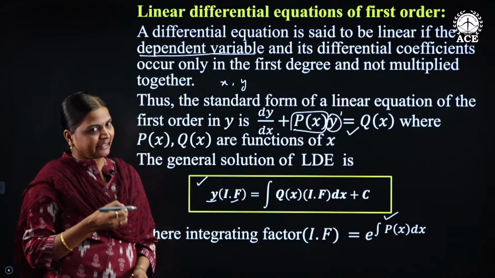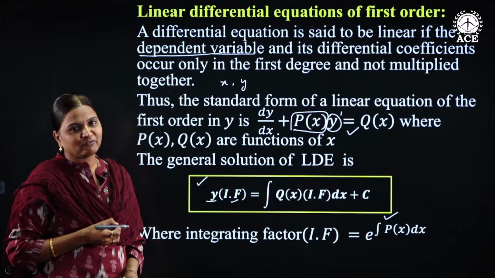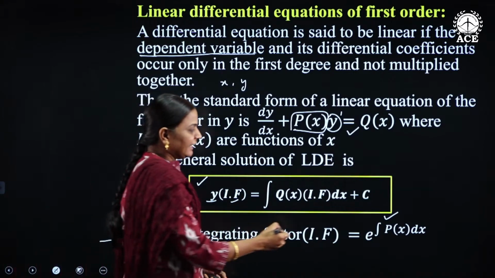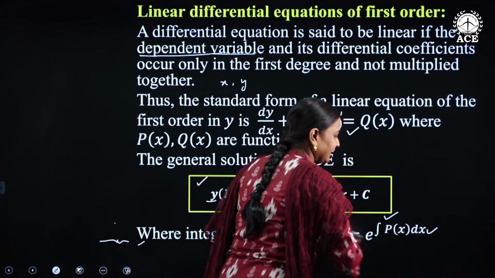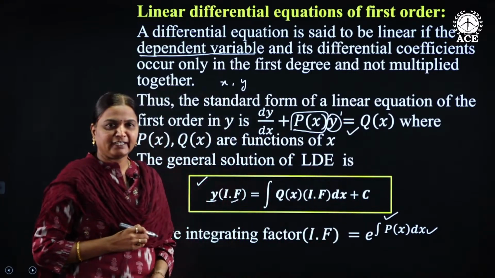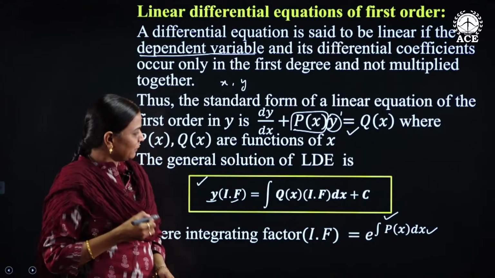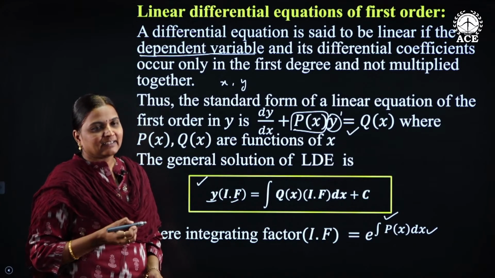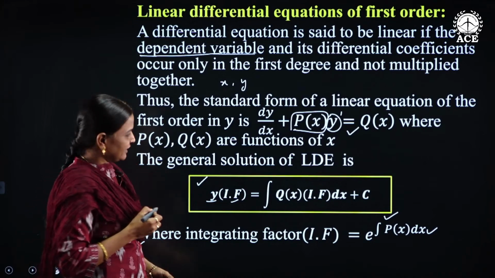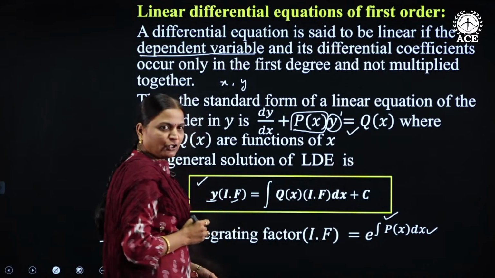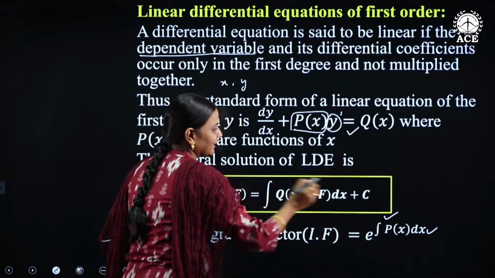Second step, find the integrating factor. The formula is e power integration of p of x into dx. At last, write the general solution using the formula y into integrating factor is equal to integration of q of x into integrating factor into dx plus c.